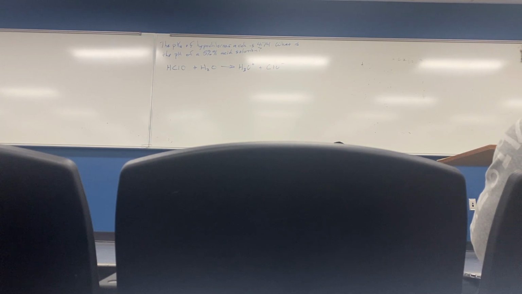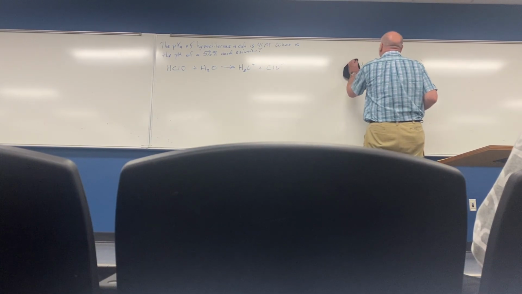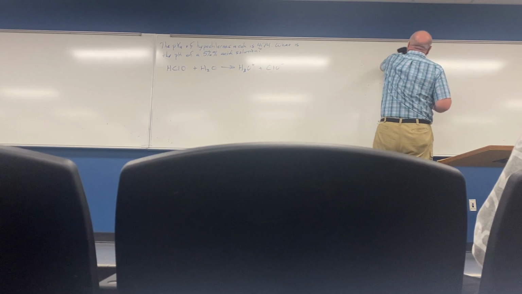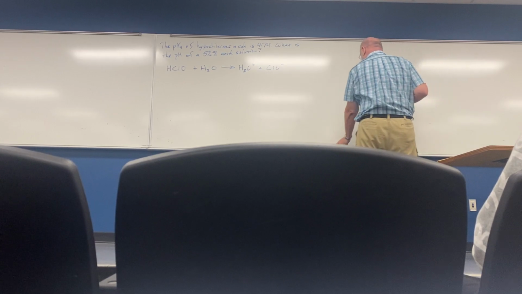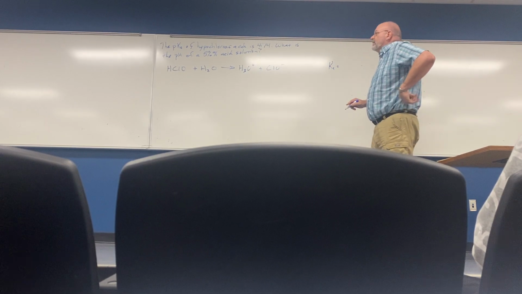So we want to convert to K. I guess we could write the equilibrium expression first. Doesn't matter, either way, gotta do them both. So Ka is, what is Ka?